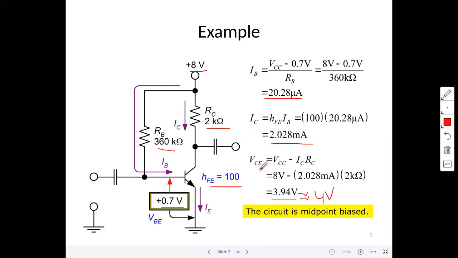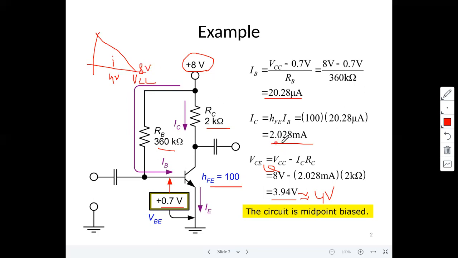So VCEQ is located approximately in the middle of VCC. Here VCEQ is 4 volts. When you draw the DC load line, this is maximum VCC and VCEQ is approximately the middle of the DC load line. This is 4 volts and this is 8 volts.